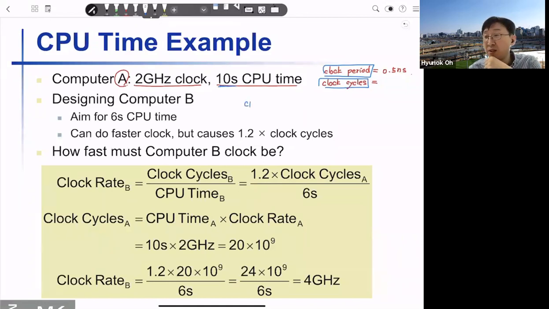CPU time is clock period times cycles. This is 10, and the period is 0.5 nanosecond. Then what's the cycles? It is 20 gigacycles. So to complete this program on computer A, we need 20 gigacycles.